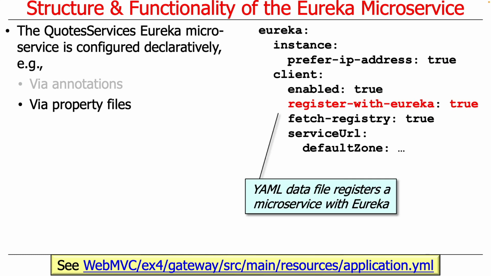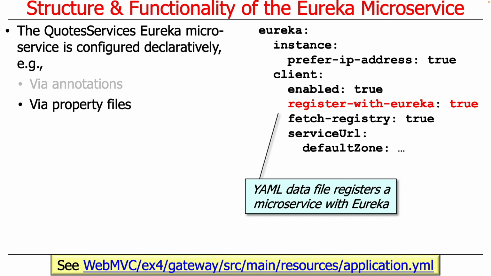And then what you see here is other code. This would be code for the Handy application microservice, or the Zippy application microservice, or the gateway application microservice. Those things are also going to be declaratively saying, I want to use Eureka. I want to be a Eureka client.